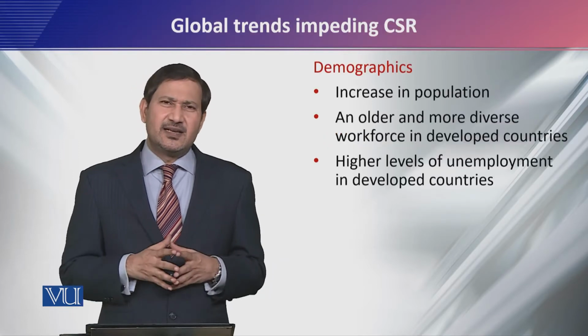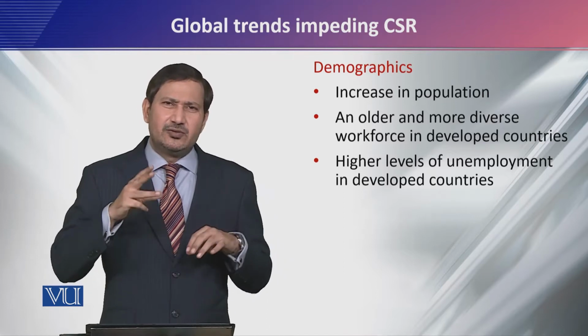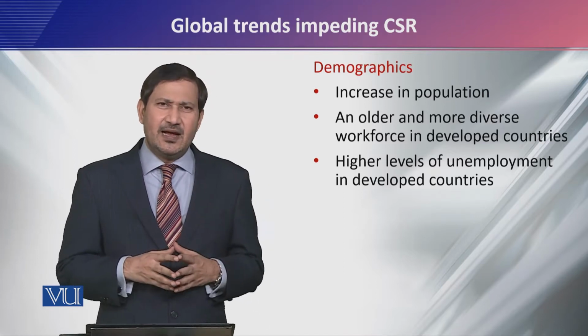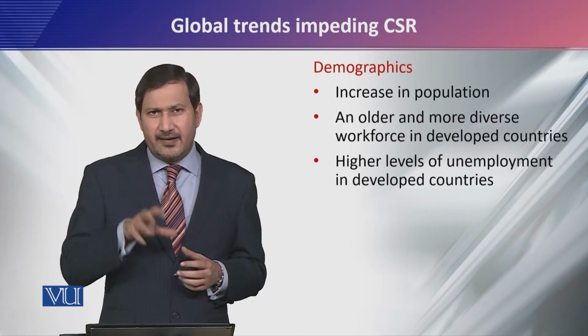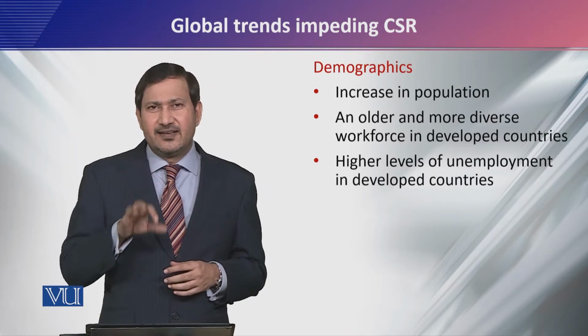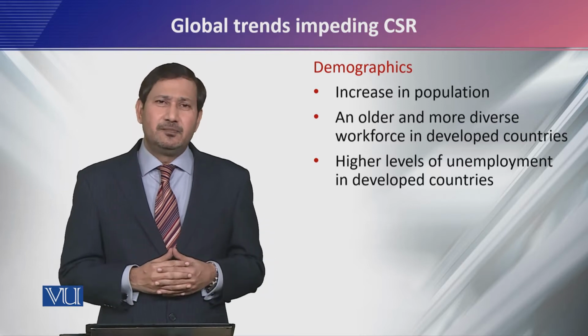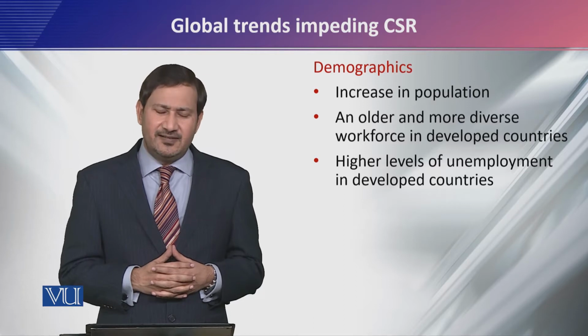These factors can be categorized into three broad categories, and we will talk about those three broad categories that are impeding or preventing organizations from implementing corporate social responsibility effectively.